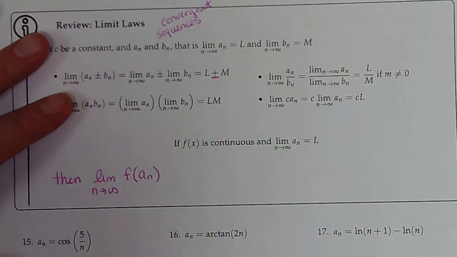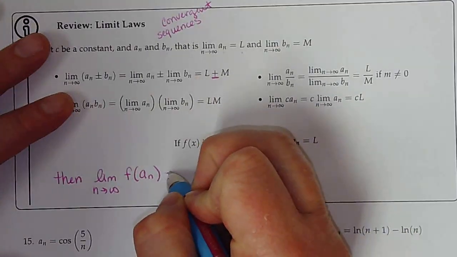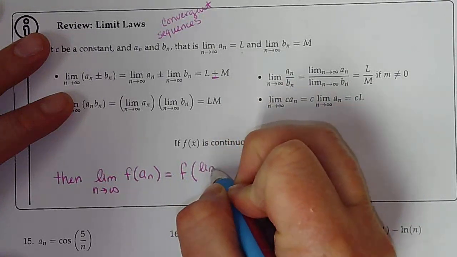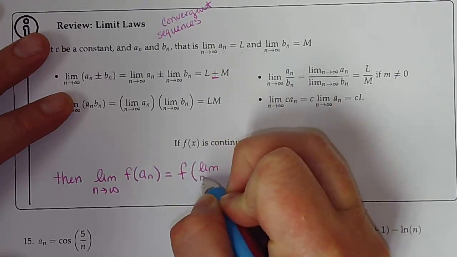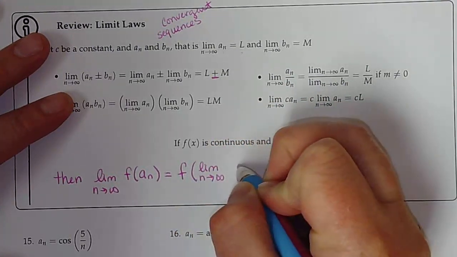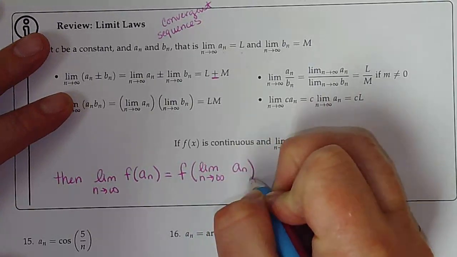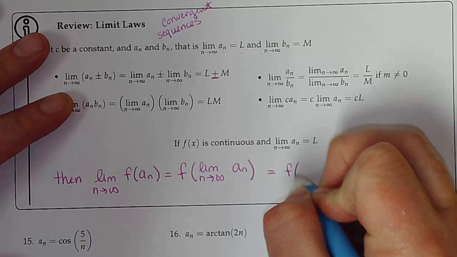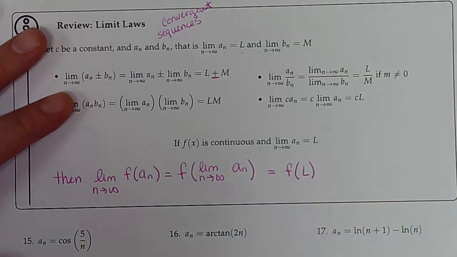In other words, we take our function and put our sequence in it, and then we can pull the limit inside of the function. So I have f of the limit as n goes to infinity of a sub n, which is equal to f of L.